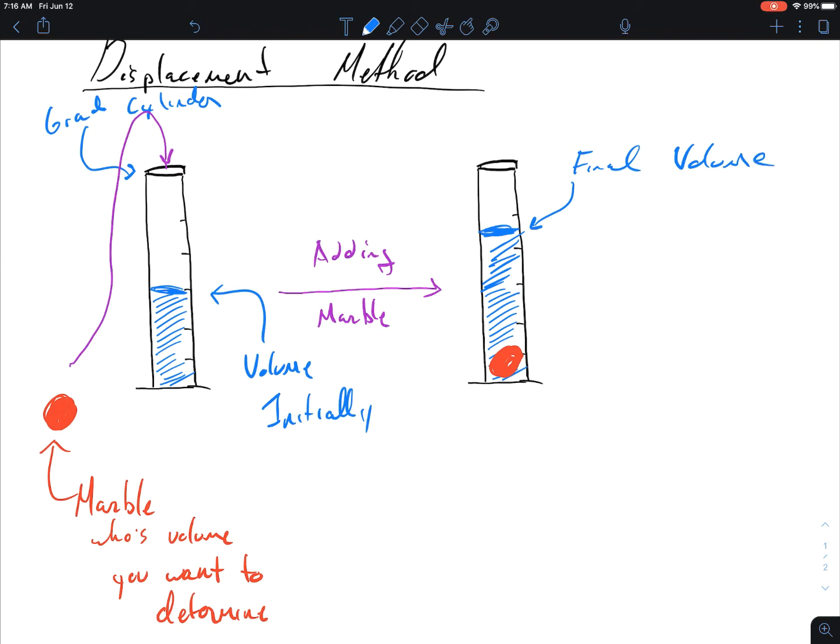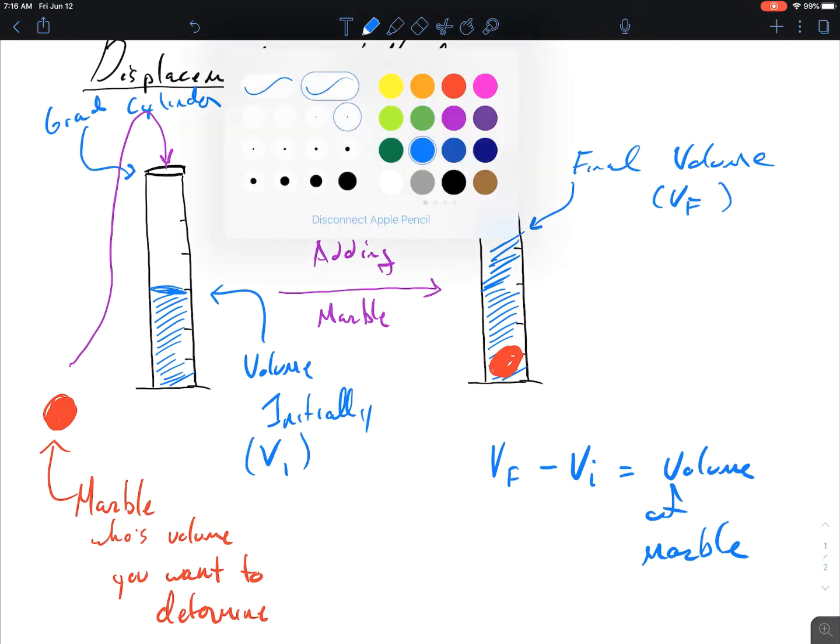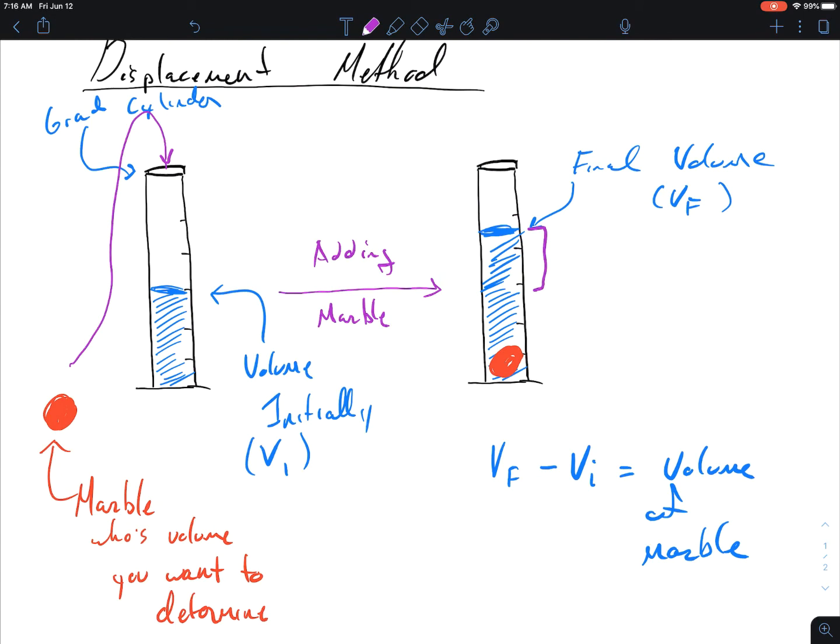The difference between the two, VF, your final volume, minus VI, your initial volume, equals the volume of the marble, or whatever object you're trying to get the volume of. So it's essentially like this area here, right? This is your marble volume.